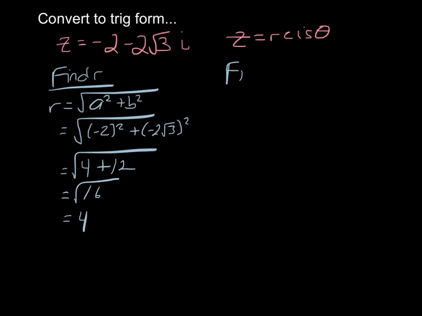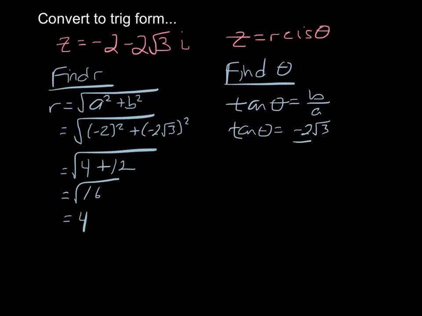Next we need to find theta. Well, we know that tan theta is b over a. So here we go. Tan theta equals -2 radical 3 over -2. So tan theta equals radical 3. Well, we know that the reference angle must be pi over 3.